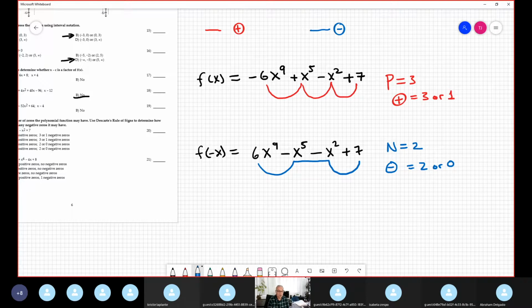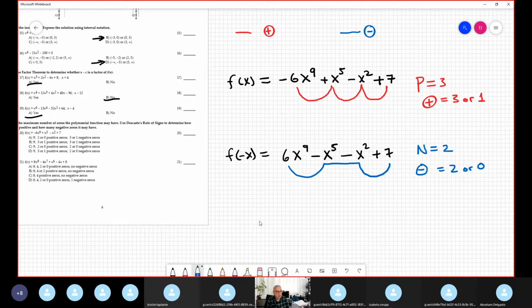Do you follow me? Entonces I need to select the option matching that condition. We have degree 9 in this polynomial. The degree of our original polynomial is 9.